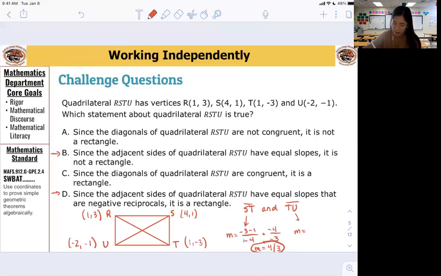Okay, let's do it this way. My t is going to be my y1 and my x1, and u is going to be y2 and x2. So this is going to be -1 minus -3 over -2 minus 1. -1 minus -3, Janelle, what's that going to be?